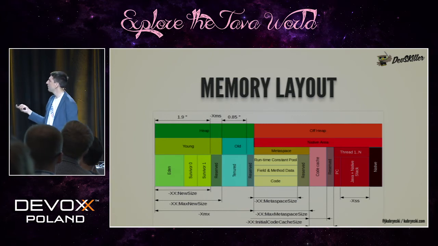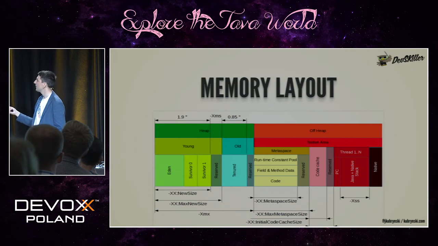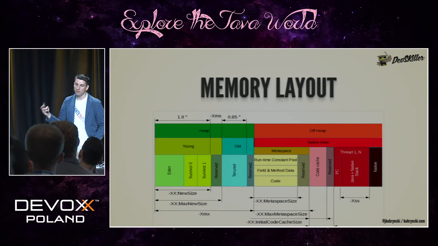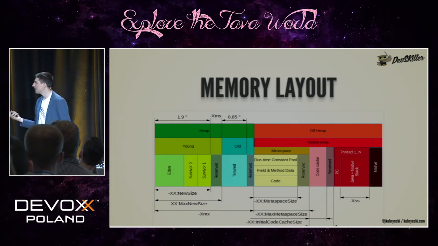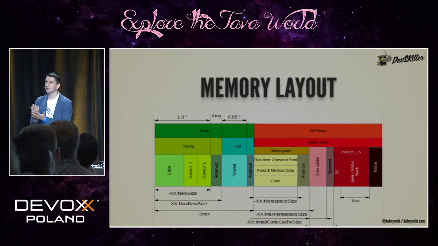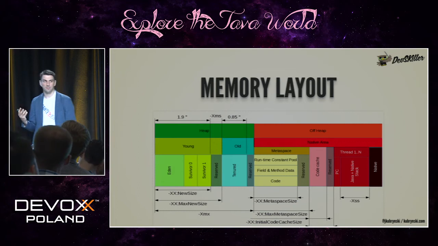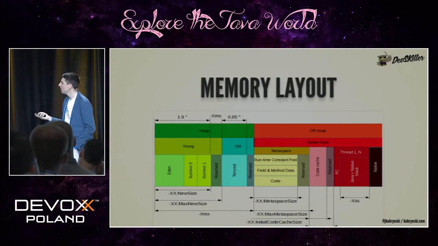Then we have the off-heap area, which is a native area since Java 8. It has a metaspace, which contains all the JVM data like the constant pool, bytecode of the methods, field and method metadata, all reflection data, etc. So these are elements that are needed by the JVM to run.